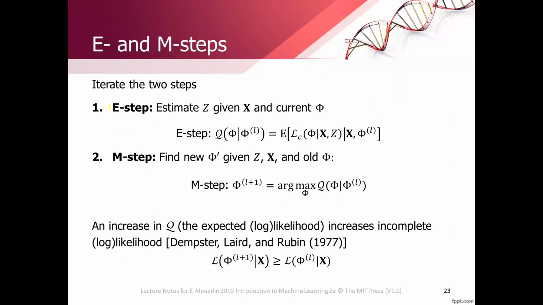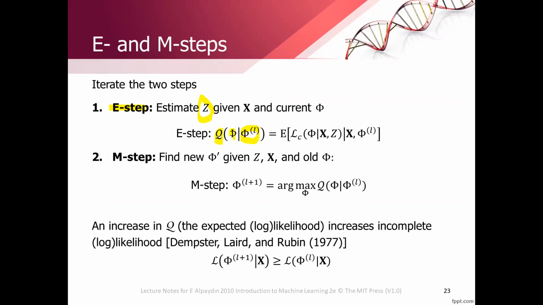So in the E step, we estimate the variable Z. What I am showing here is the general expectation maximization method applied for computing log likelihood. So we compute some function Q with parameters, our current set of parameters, capital Phi with superscript L. L is a step or iteration of the algorithm.